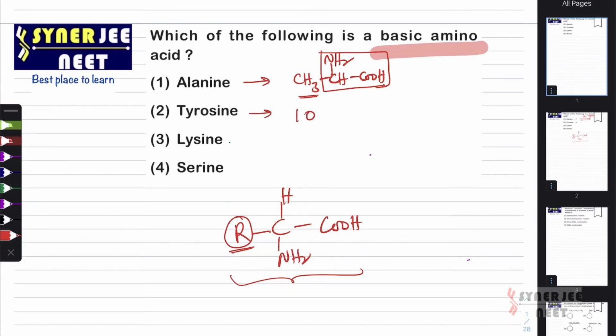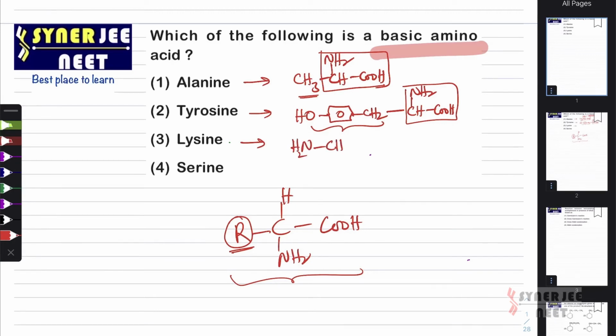Tyrosine has a structure of a benzene ring and here a CH2 group is attached to the common group of amino acid. It does not contain any extra NH2 group to be called a basic amino acid. Lysine.